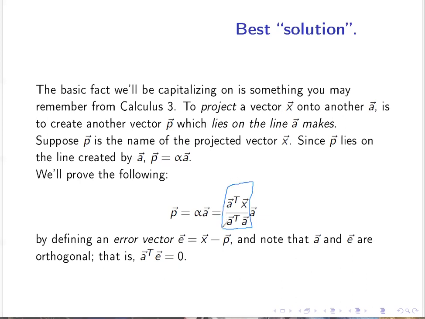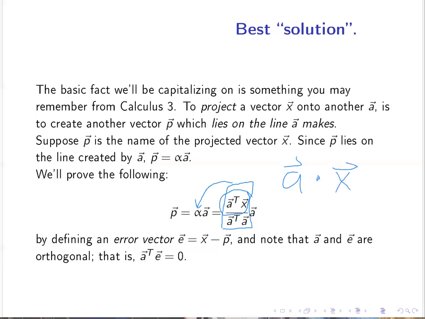This is actually alpha. And notice that is the vector A transposed with X. This right here, for all of you that forgot, is the same thing as saying A bar dot X, where I do the dot product.